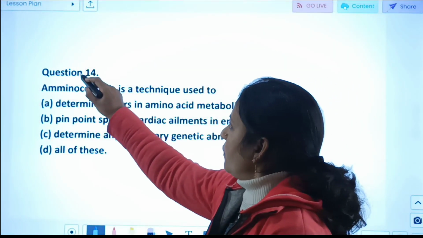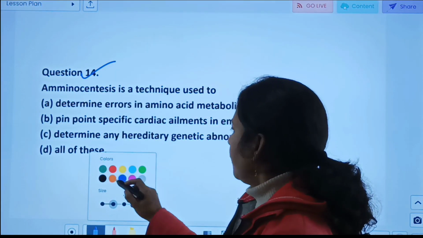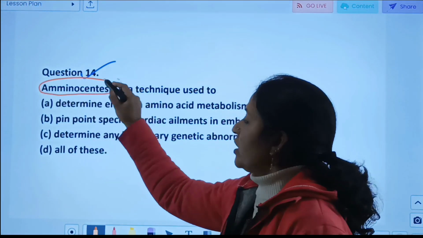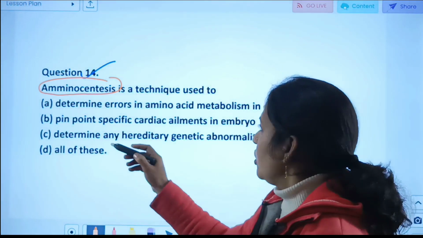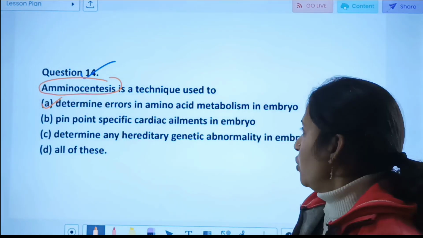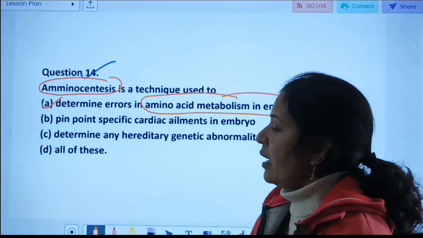Now shift to question number 14. Amniocentesis is a special type of technique used to determine errors in amino acid metabolism in the embryo.